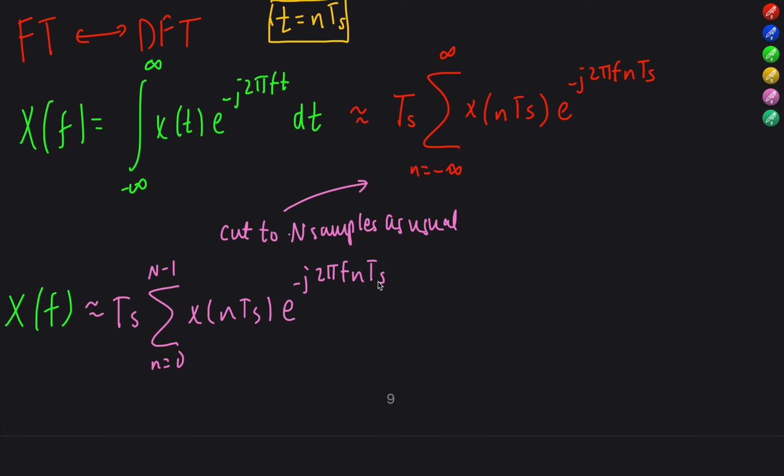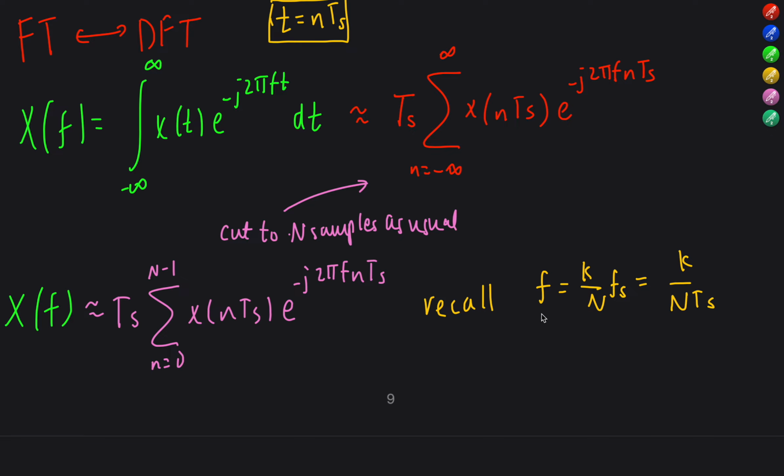2 pi f nts. Now I would like you to recall one nice connection, which says that f, my continuous time frequency, is equal to my discrete time frequency k over N times my sampling frequency. That's a formula we learned way back in Unit 1 when we talked about discrete signals. Rewriting this, write fs as 1 over ts, so this gives me f equals k over N ts.